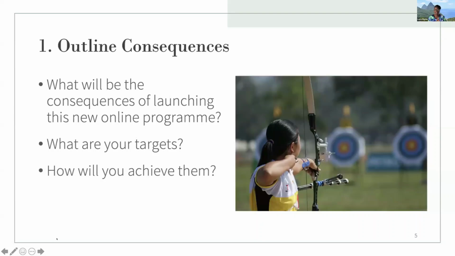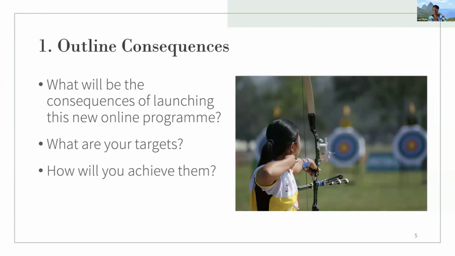The first step is to outline the consequences. We're using backwards design. Some of you will be familiar with this from Grant Wiggins. What will be the consequences of you launching this new online program? What are the outcomes that you're trying to achieve? What are your targets, and how will you achieve them?